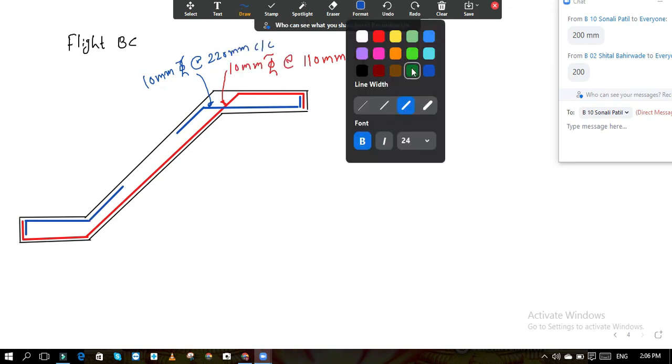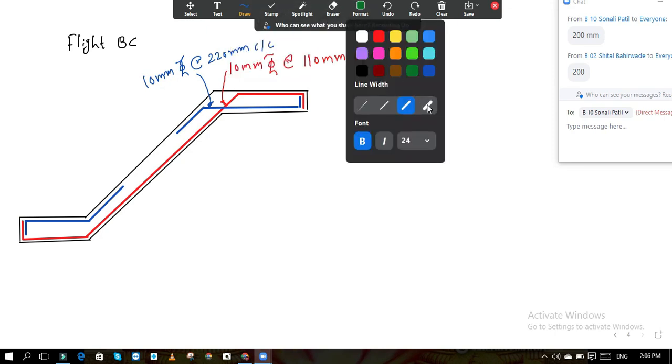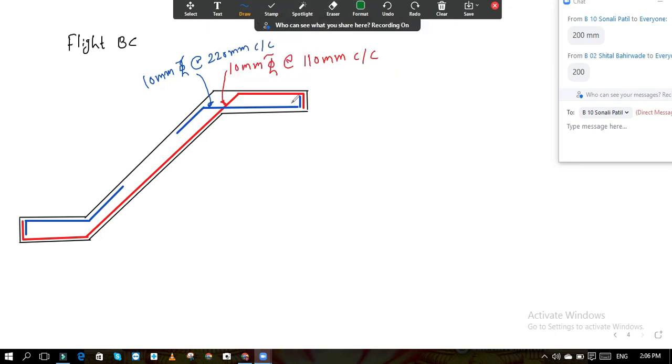And last, that is your distribution steel. That distribution steel now I will draw here. All these bars are the distribution steels.